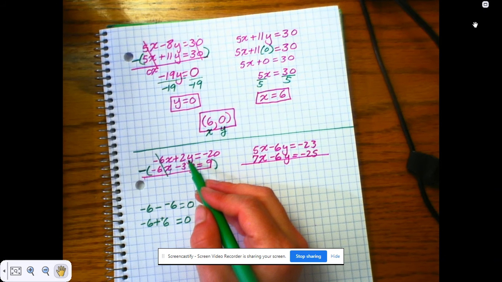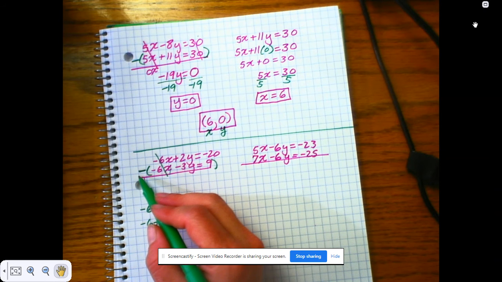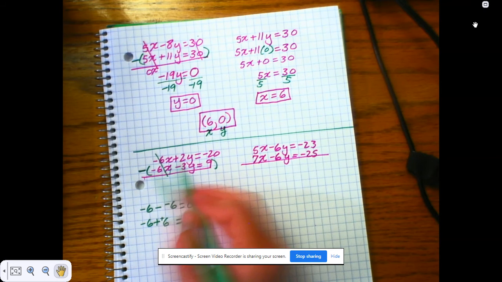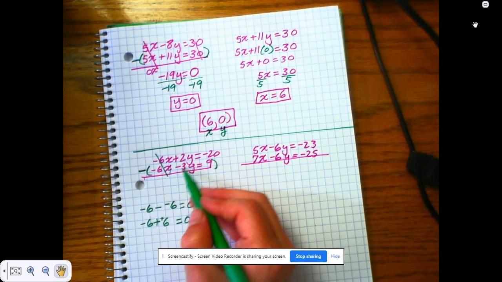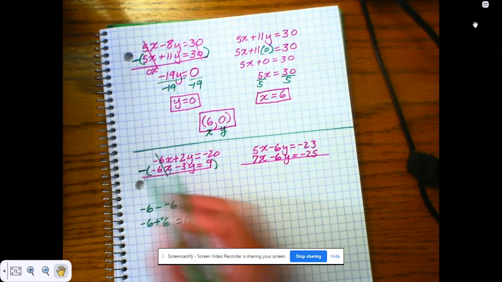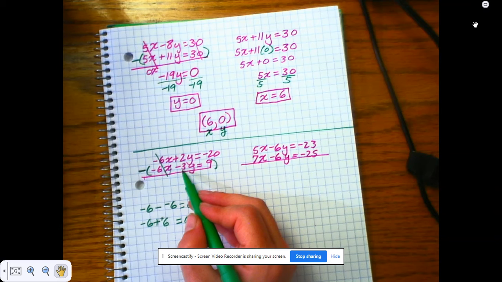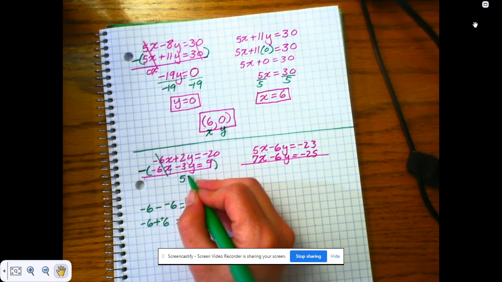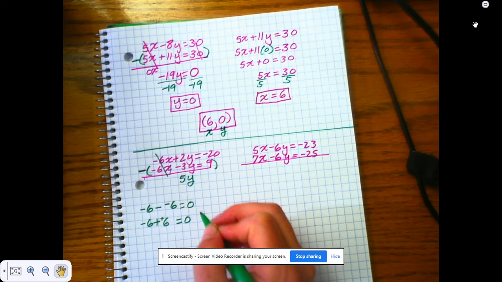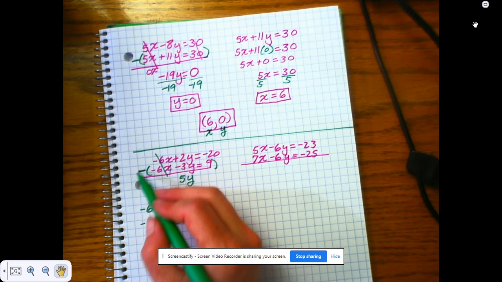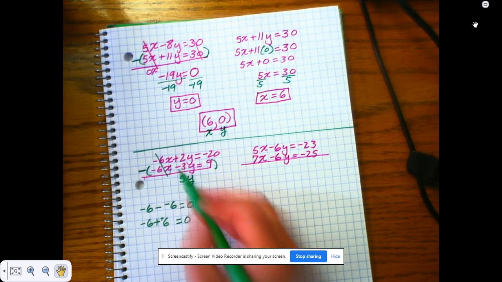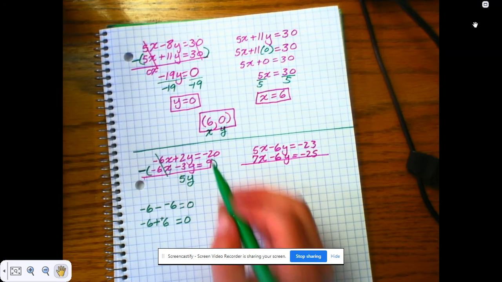I just need to be careful on my way through that I'm always remembering I'm subtracting. This is not 2 minus 3. This is 2 minus a -3, and 2 minus a -3 is going to give me a positive 5y, if I think about changing my subtraction to addition and changing the sign on the other number.